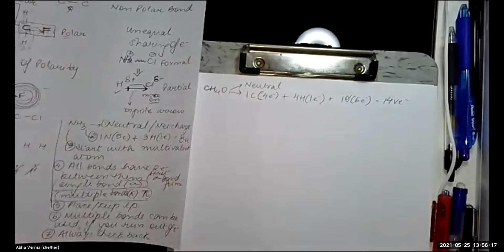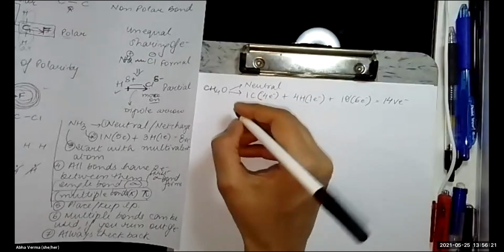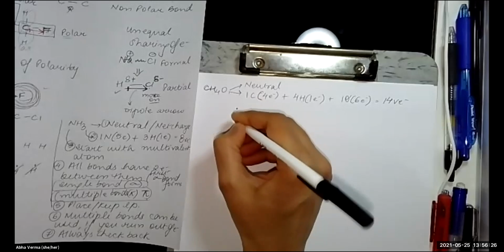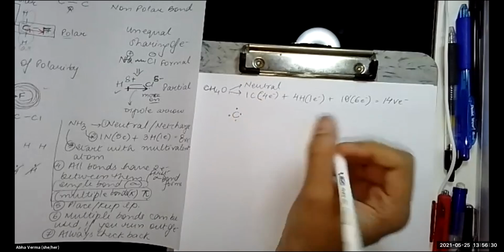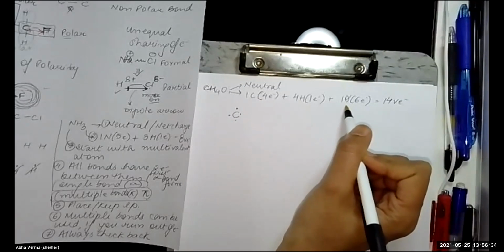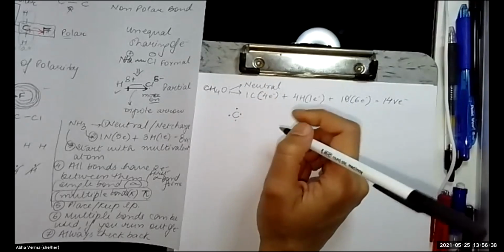Only 1. So I will first write out my carbon, and I will draw all the 4 valence electrons around it. Before I fill in my hydrogens, I will fill in the next most multivalent atom, which is oxygen.